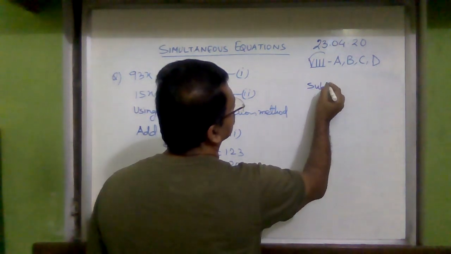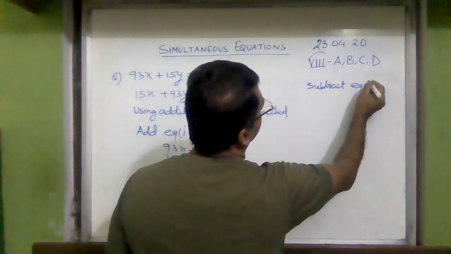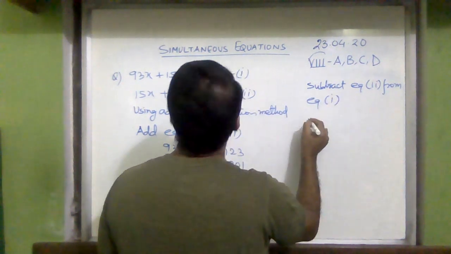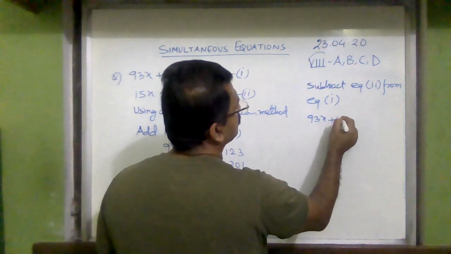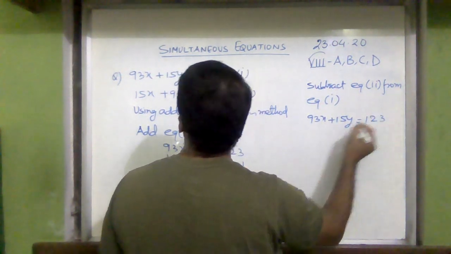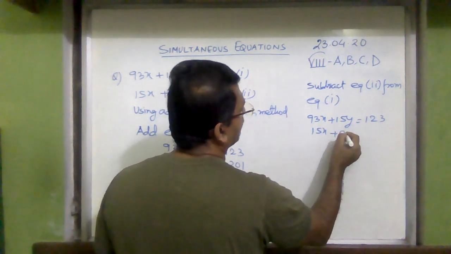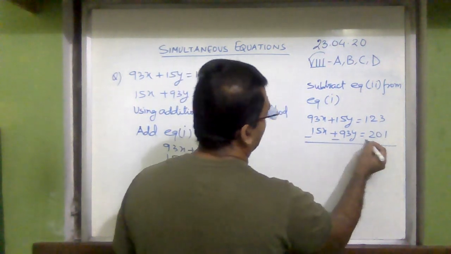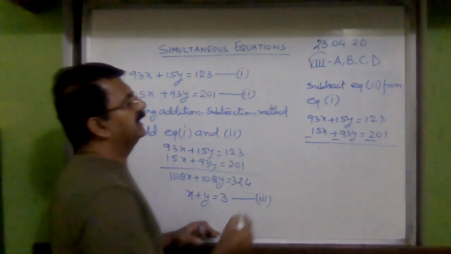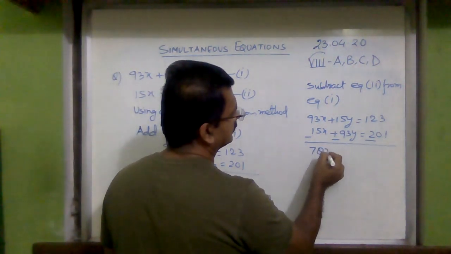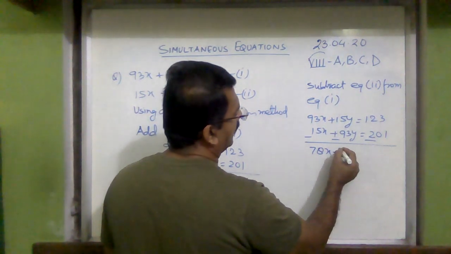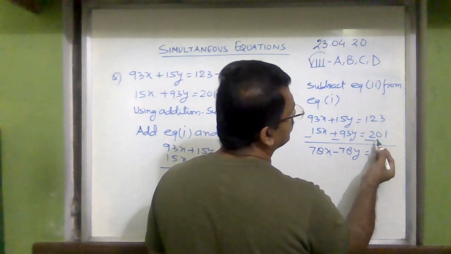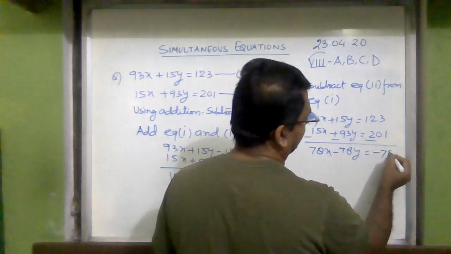Subtract equation 2 from equation 1. 93x plus 15y is equal to 123, and here it is 15x plus 93y is equal to 201, and now you subtract, change the sign. 93 minus 15 will be 78x. 15 minus 93 is minus 78y is equal to 123 minus 201 will be minus 78.